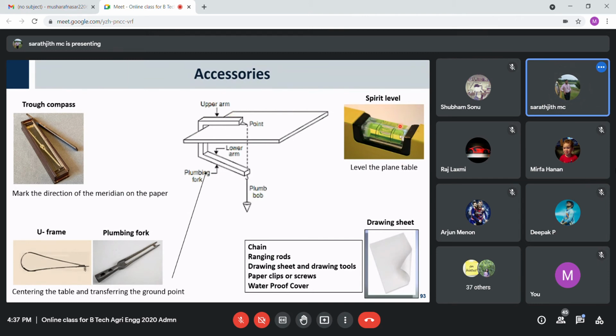You keep the spirit level at the four corners or four edges of the table and ensure that the bubble is at the center at all four edges of the drawing board. If so, you can say that your table is in a horizontal position, with no tilt on the drawing table. Is that clear? So that is the purpose of using a spirit level.